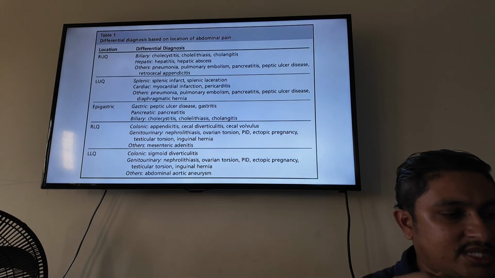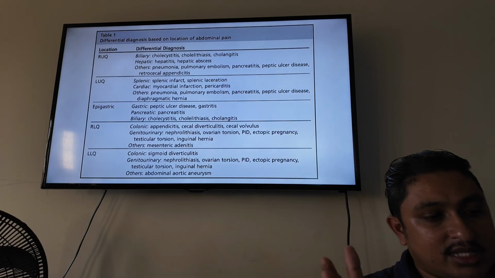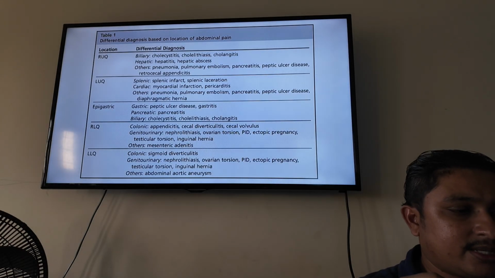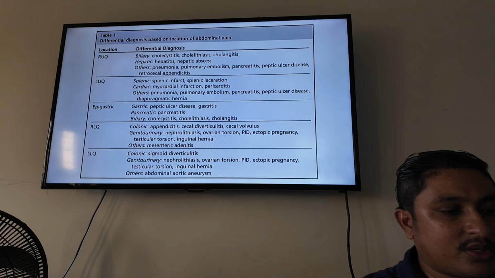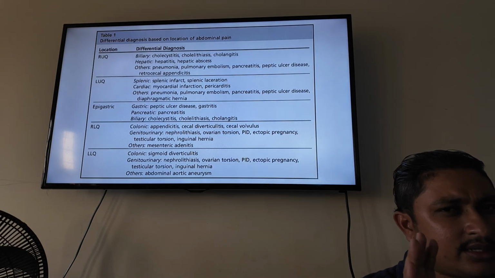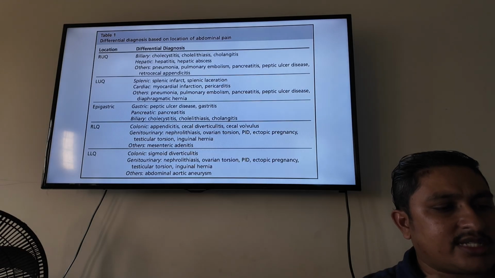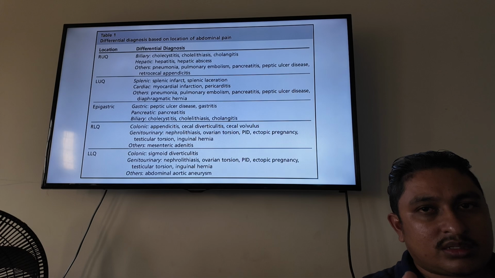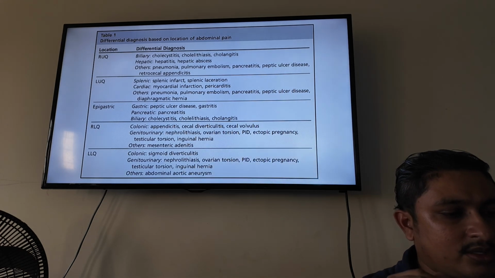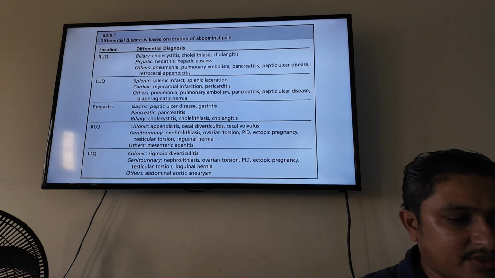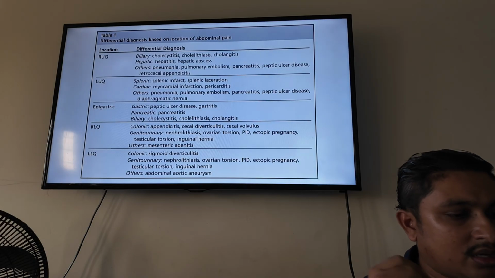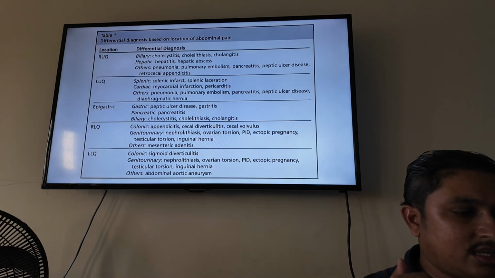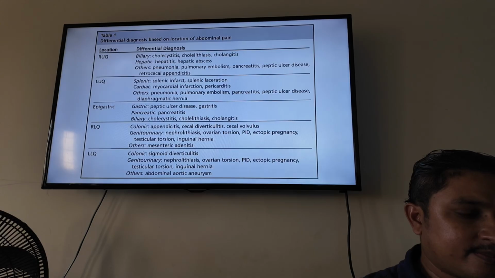Epigastric pain, very specific again: peptic ulcer disease or gastritis, pancreatitis. You can have some overlap with cholecystitis there. And then left lower quadrant pain, you'd have something like sigmoid diverticulitis, which is a more common pathology.